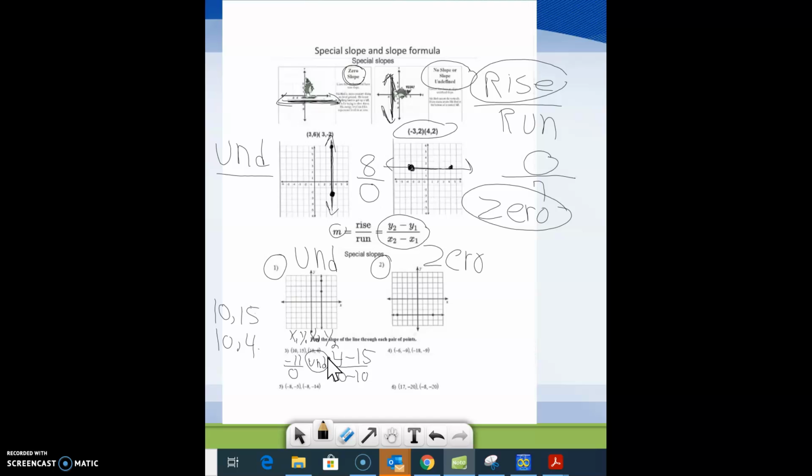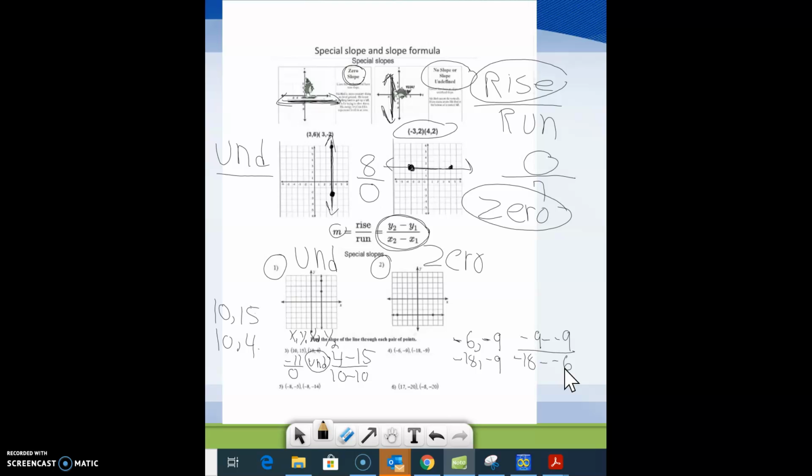Let's look at number 4. So we've got x1, y1, x2, y2. Let's follow the formula again up here, right? So it'll be negative 9 minus negative 9 over negative 18 minus negative 6. Now, I hope you remember your integer rules from last year.